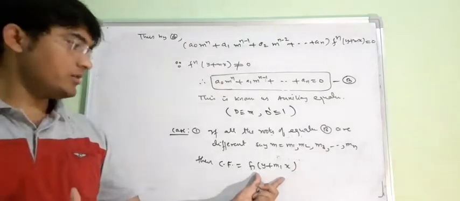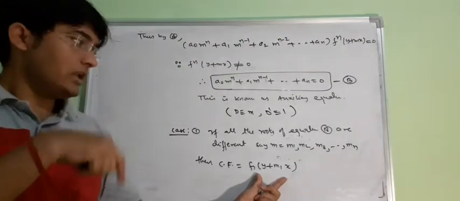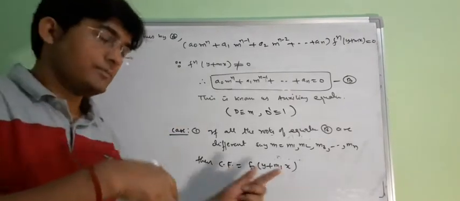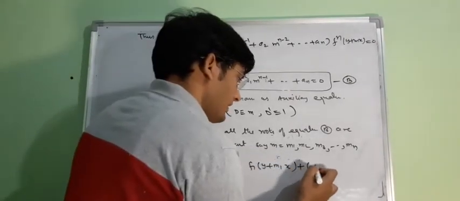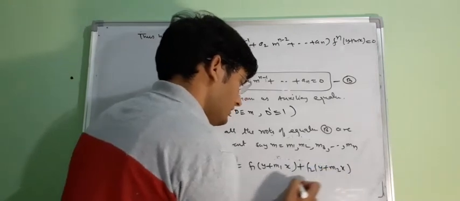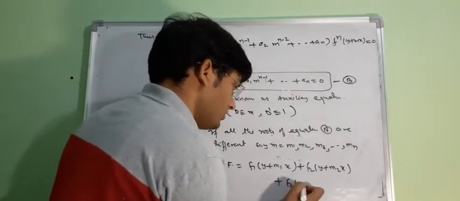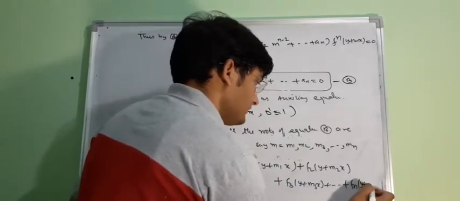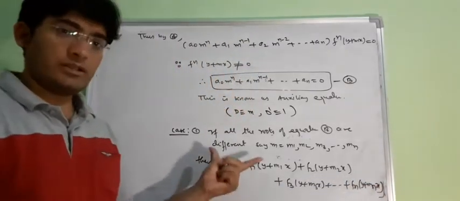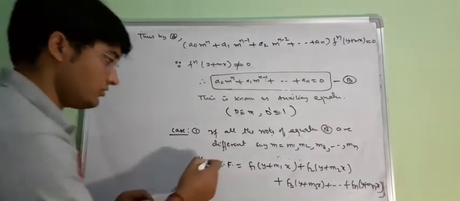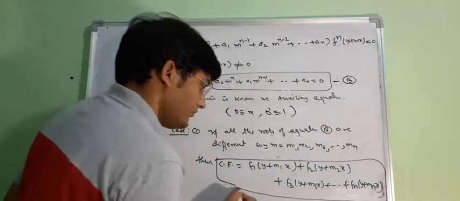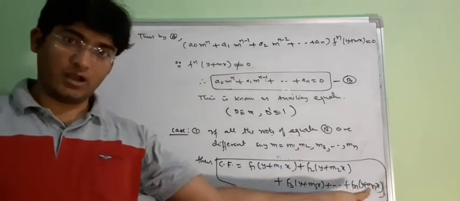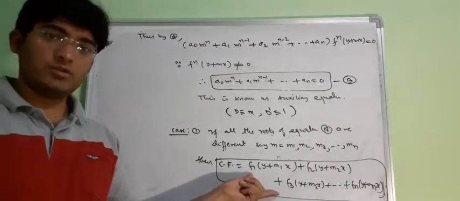Our auxiliary solution was f of y plus mx. Now as our first root is m1, the first solution will be f1 y plus m1x. Then we will have f2 y plus m2x. Then for the third root we will have f3 y plus m3x. And then for the nth root we will have fn y plus mnx. So if all the roots are distinct, then this will be your complementary function. So you have to remember this formula. If m1, m2, m3 to mn are the distinct roots, then this will be your complementary function.